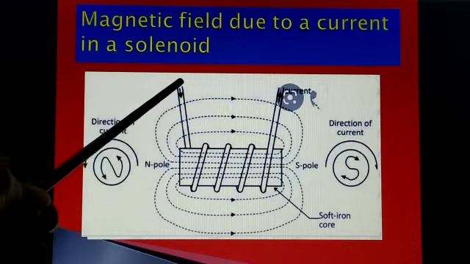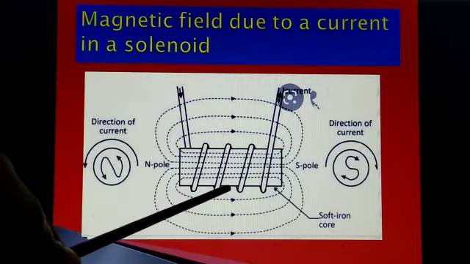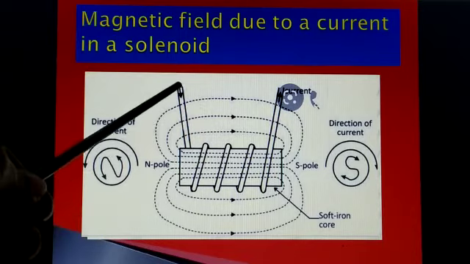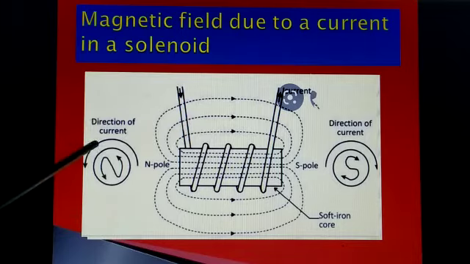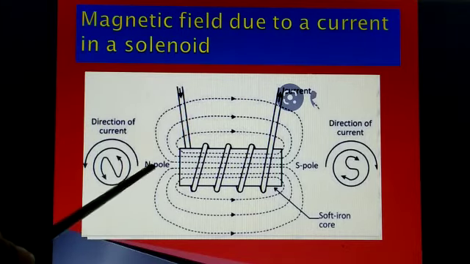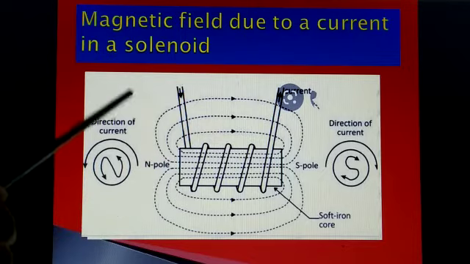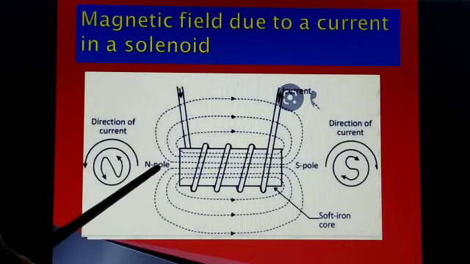See here, the direction of current is anti-clockwise. Imagine in 3 dimensions. So that end of the wire acts like a north pole. If the direction of current is anti-clockwise, that end behaves like a north pole.